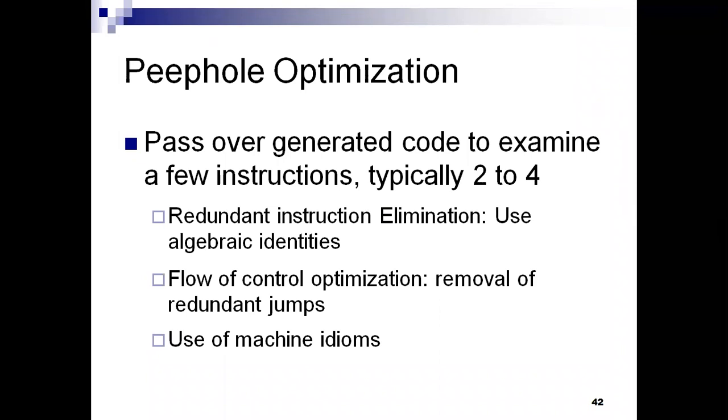The other one is algebraic simplification, which is similar to the use of algebraic identities. So finally there are four characteristics: redundant instruction elimination, flow of control optimization, algebraic simplification, and use of machine idioms. These are the four most important characteristics of peephole optimization.